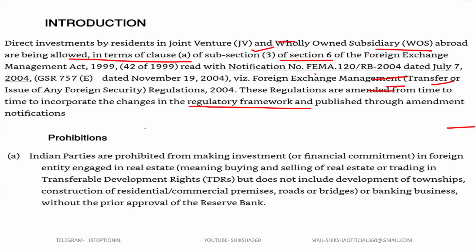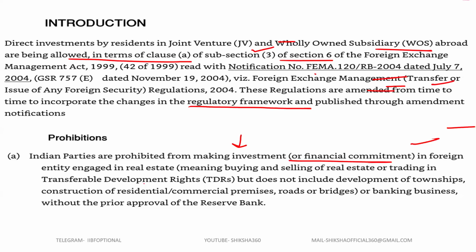Here there is also a provision that Indian parties are prohibited from making investments or financial commitments in a foreign entity engaged in real estate. Real estate basically means buying and selling of real estate or trading in transferable development rights, TDRs.